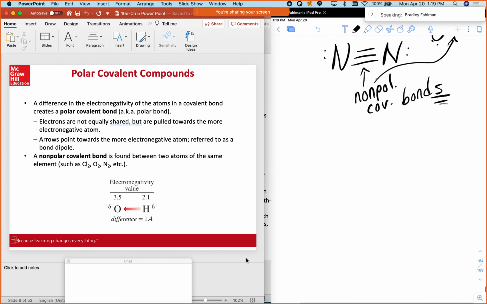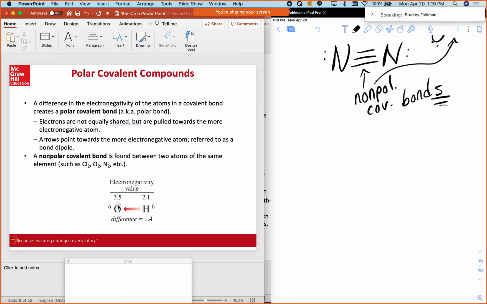All right, so nonpolar bonds mean the same atoms bonded to each other. Polar covalent bonds mean two different atoms. And so you can calculate the difference. I'm not going to have you do this on the final, but you can look at the difference in electronegativity. And if I give you values from a table, you just subtract them.